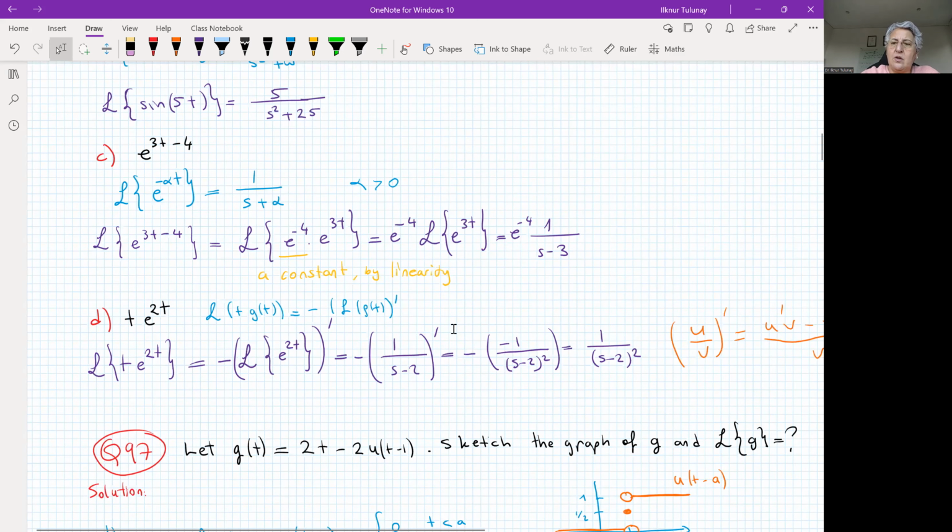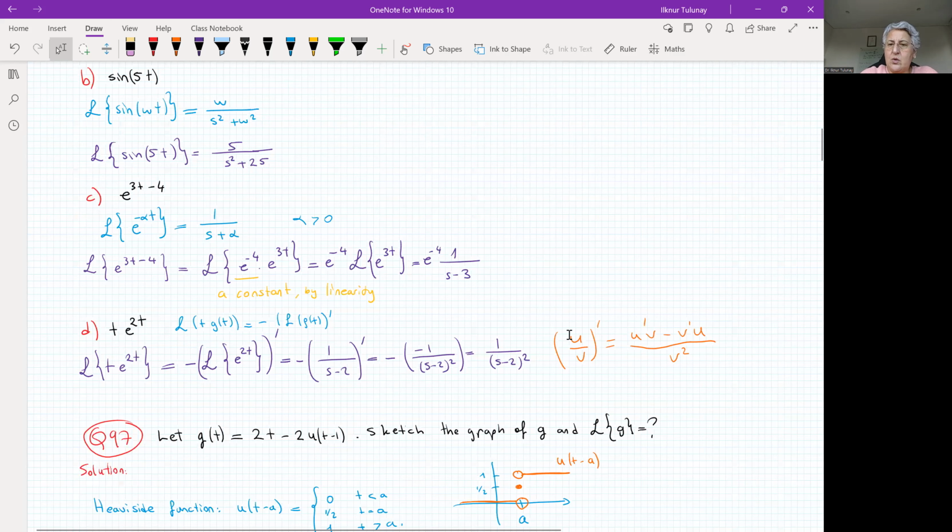For the derivative, we apply the quotient rule, which says that for u over v, the derivative is u prime v minus v prime u divided by v squared. The derivative of u here will be 0, so I don't need to write it. The derivative of this is just 1, so that's minus 1 times 1, which is just minus 1, divided by v squared, which is s minus 2 squared. So minus minus will be plus, that will be 1 over s minus 2 squared.